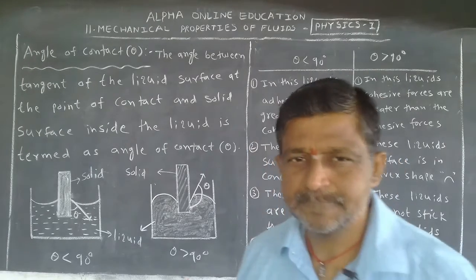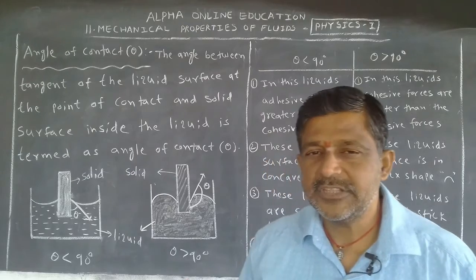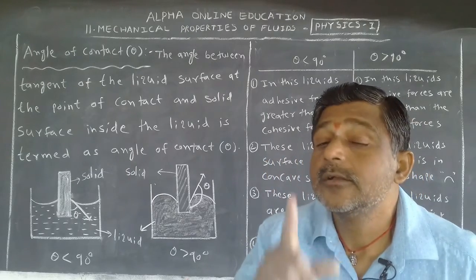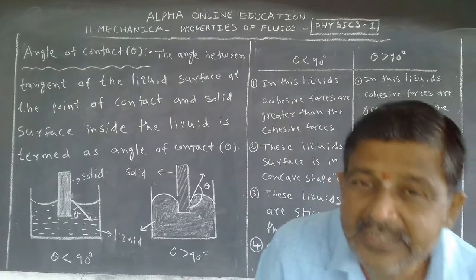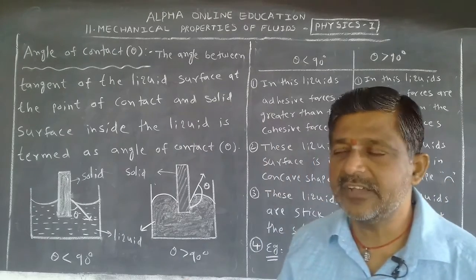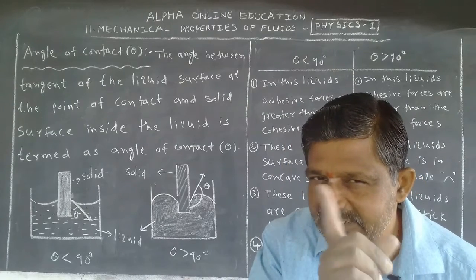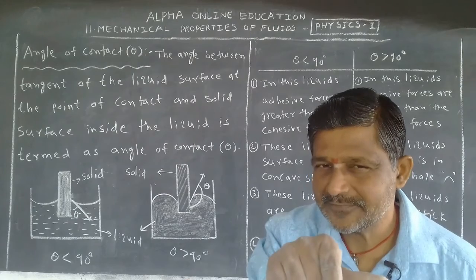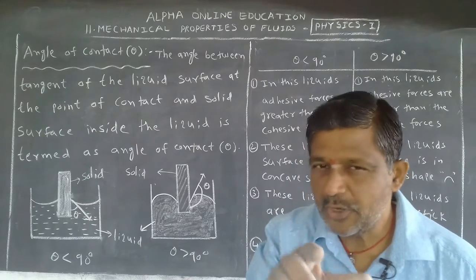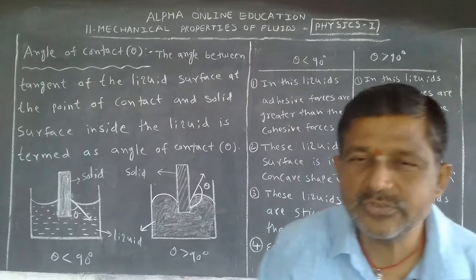Manometer, barometer: in that one, which liquid is taken? Mercury, to find the pressure. Thermometer, which is taken in that one? Mercury. Mercury doesn't stick to the glass. Thermometer is glass, sphygmomanometer also glass.